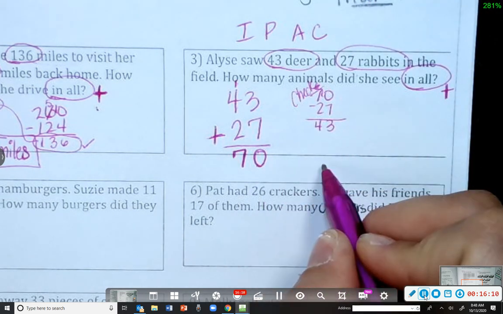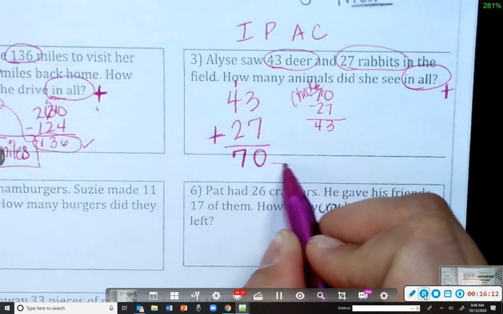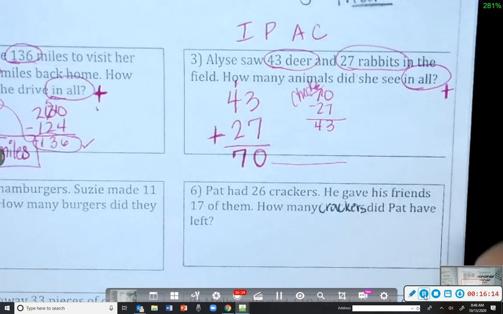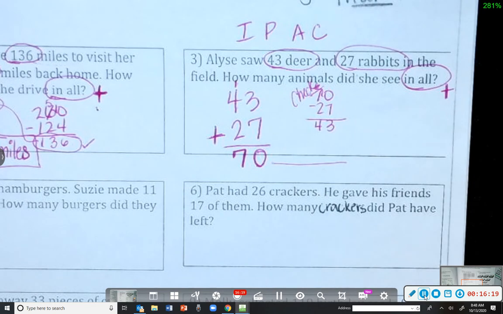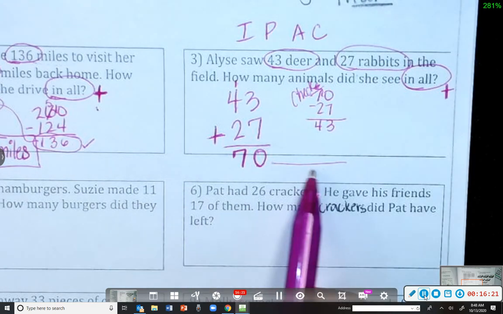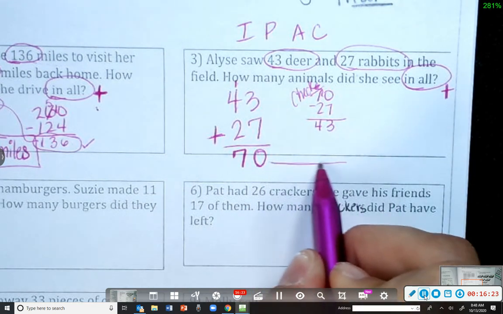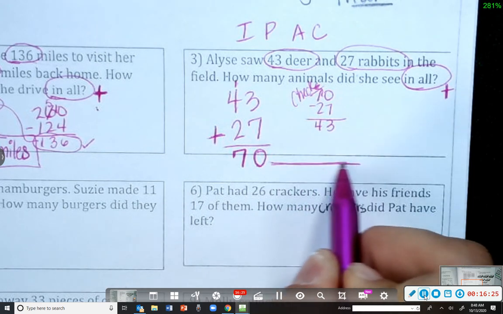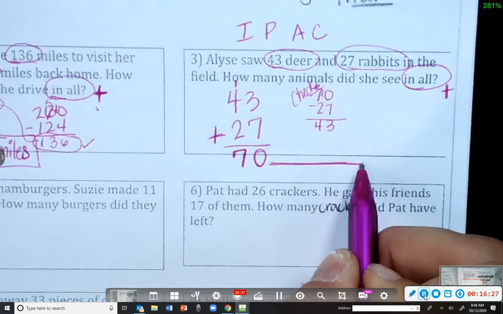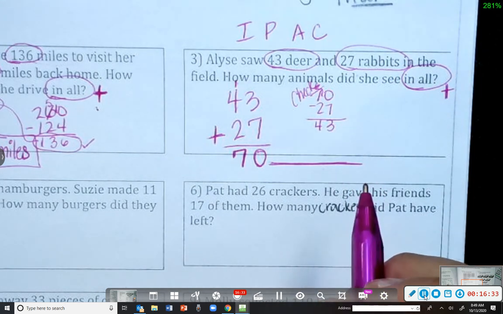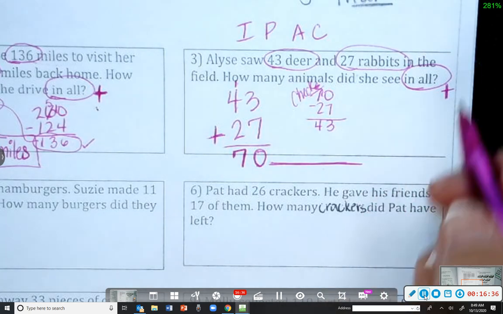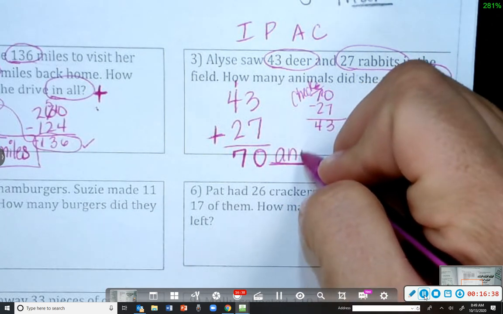70, and then what were they talking about? What can we label this? Kelsey? 70 what? What was the question asking us for? How many what? Animals. So that's what we need to label it as.